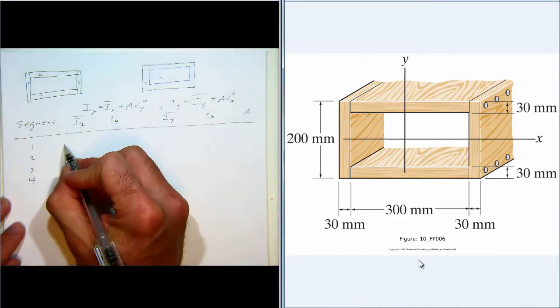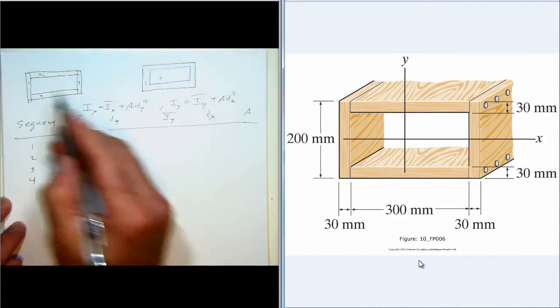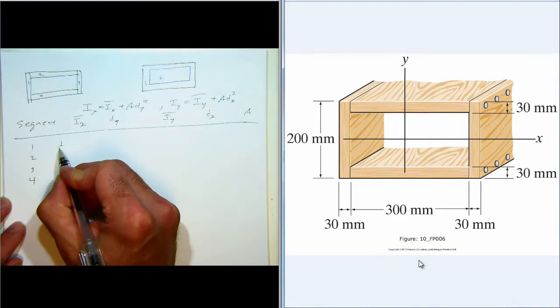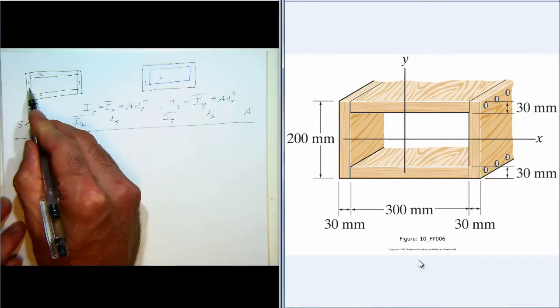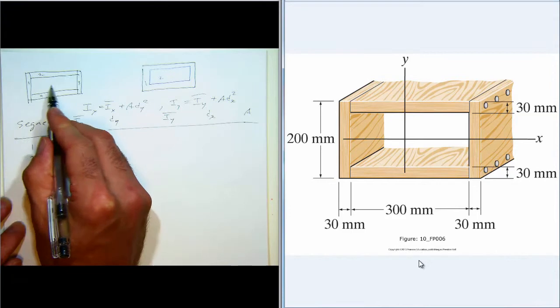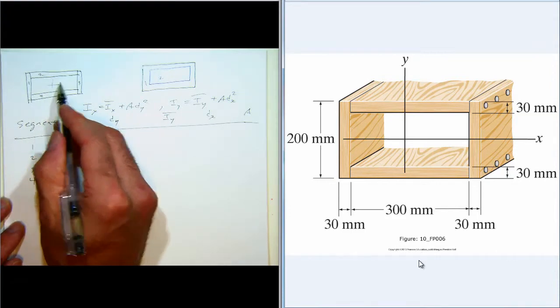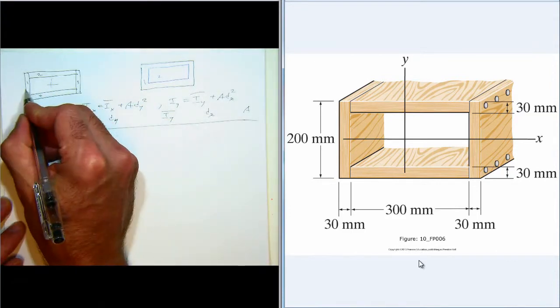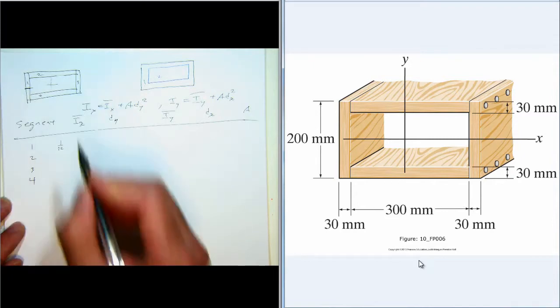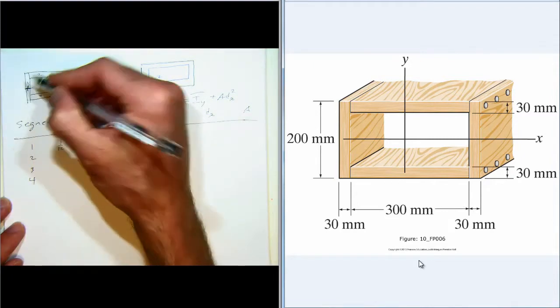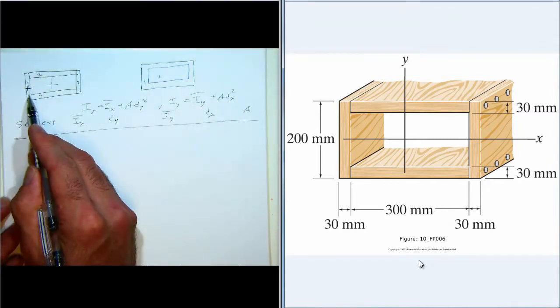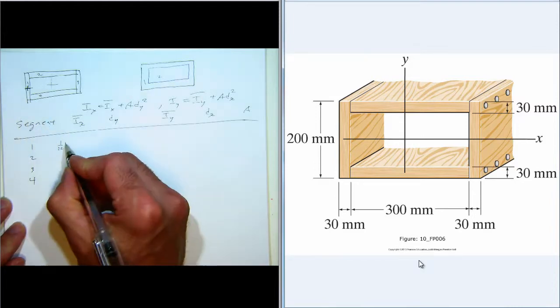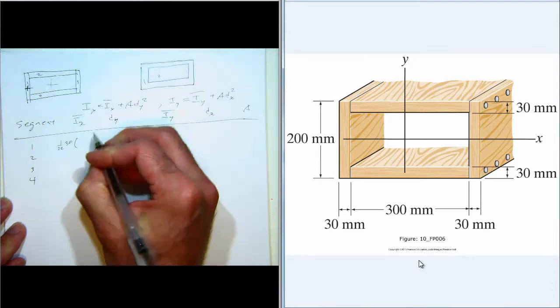Using the equations, for segment 1, we have 1/12, and then we're going about its centroidal x-axis, so right here. So 1/12 times 30 times 200 cubed.